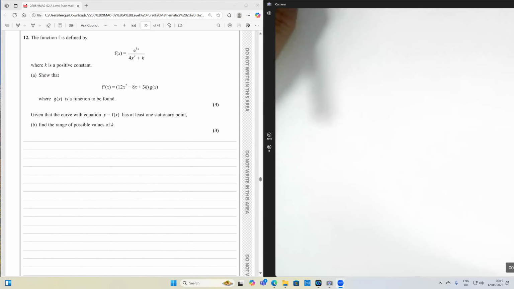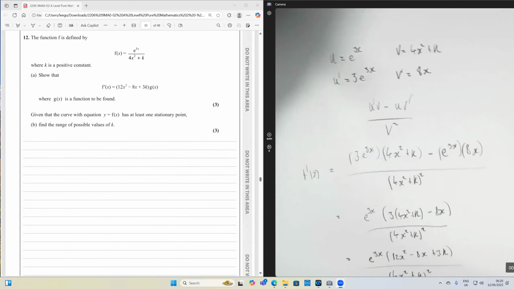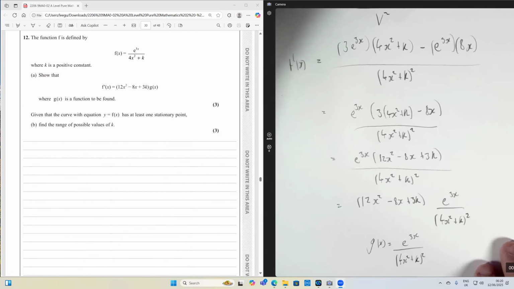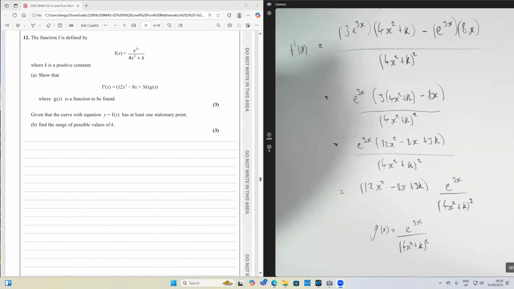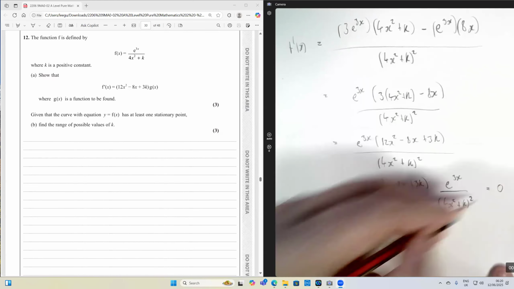Now part B, it says given that the curve with the equation y equals f of x has at least one stationary point, find the range of possible values of k. So if there's at least one stationary point, we're looking for f dashed of x to equal 0. So what we're thinking about is, when can this equal 0?